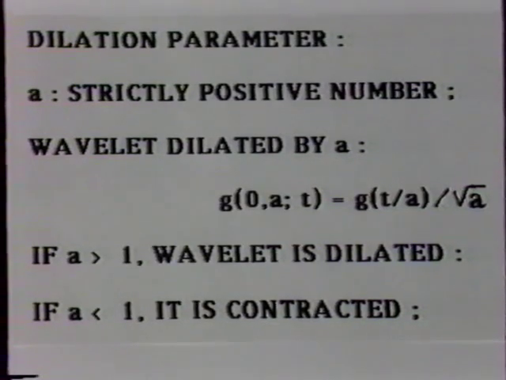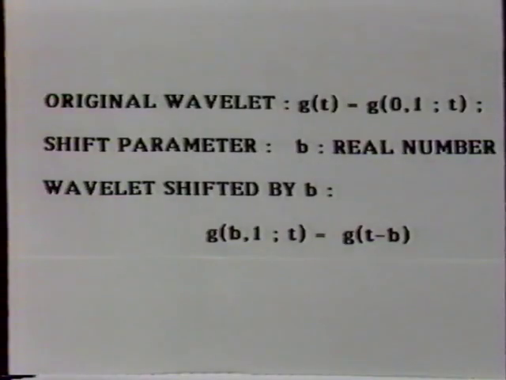Dilating a function by A means dividing its argument by A and dividing the result by the square root of A. The shifting by B is the operation which you all know very well.